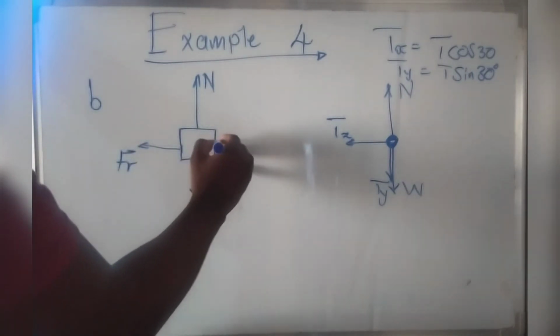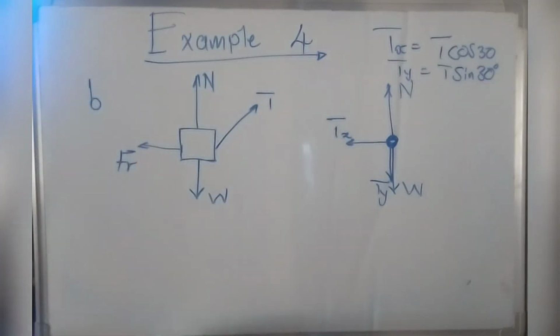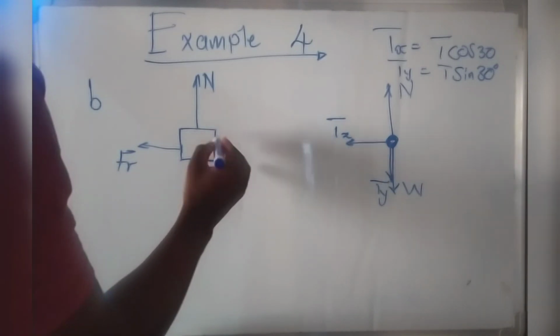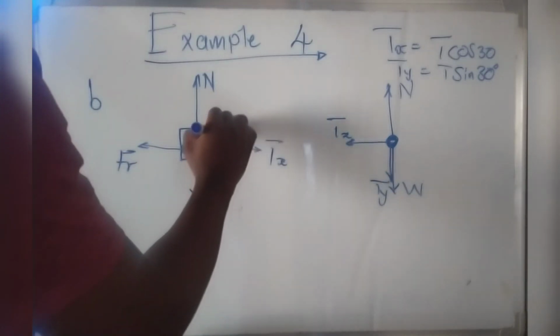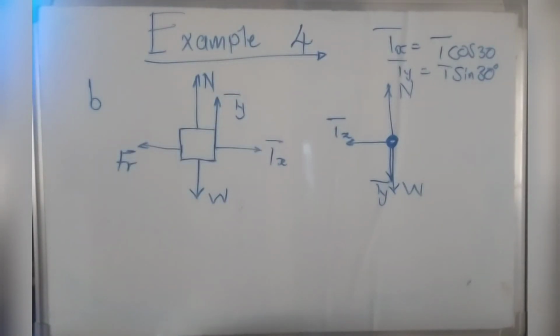Friction, and then there is the tension force. So this is one way of writing it, but I would recommend that you resolve it into its components, so you'd have Tx and you'd have Ty. Okay, so this is what you'd have as the free body diagram of the forces acting on the cart.